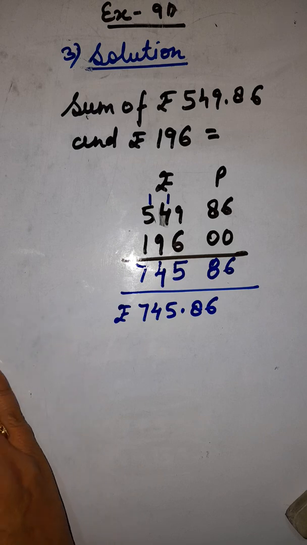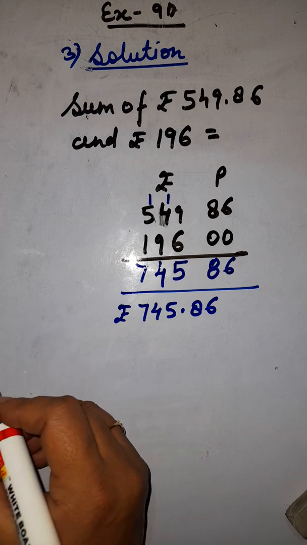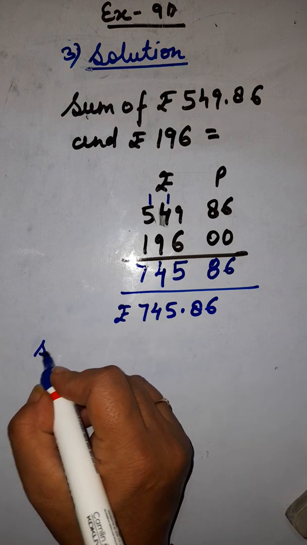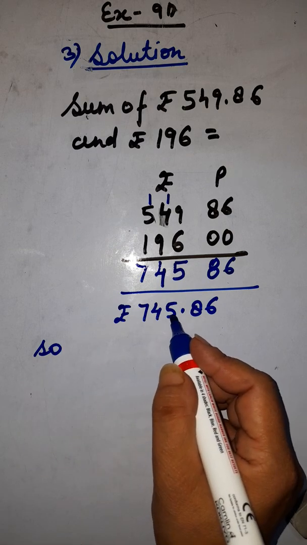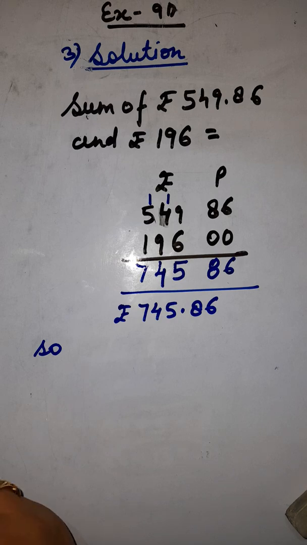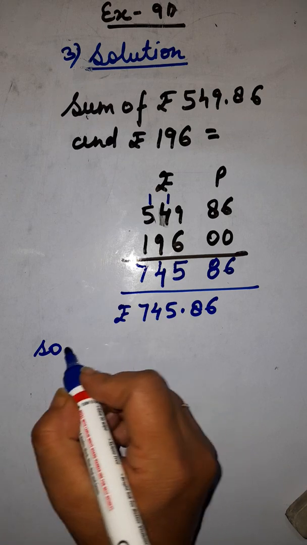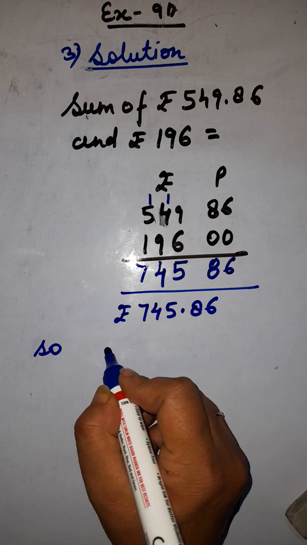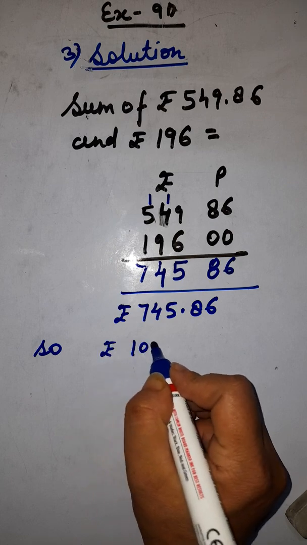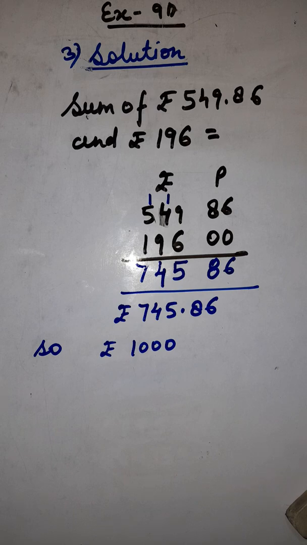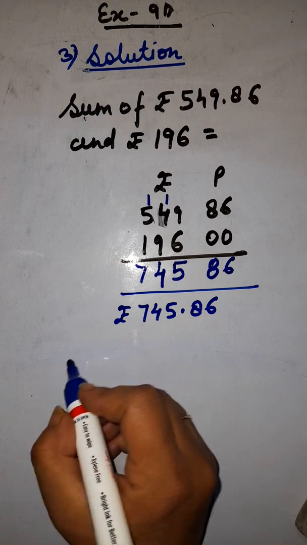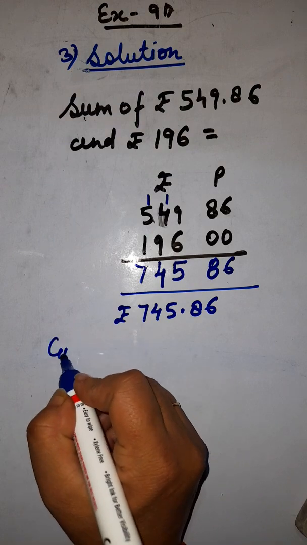Now, the given number is 1000. So, we will subtract 745 and 86 from 1000. So, as above, first we'll write it in the rupees and paise column.